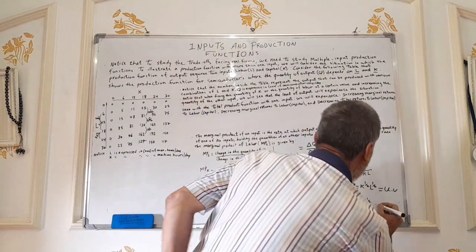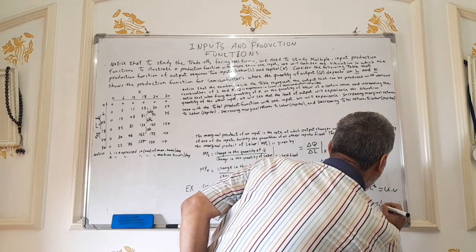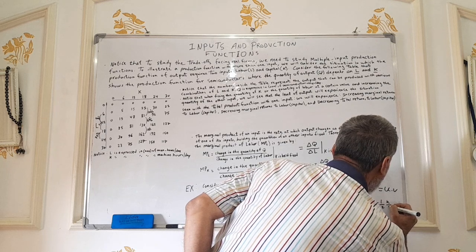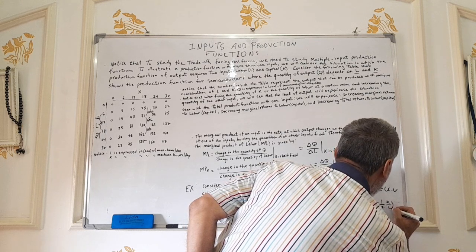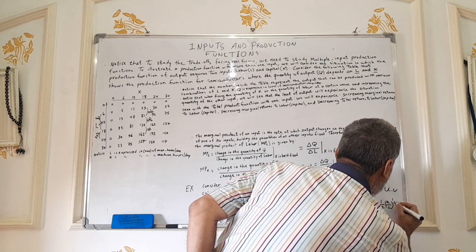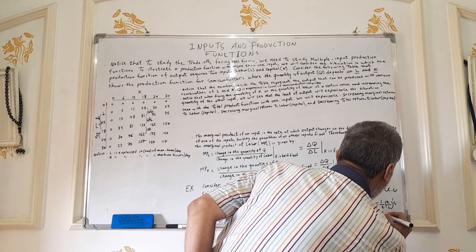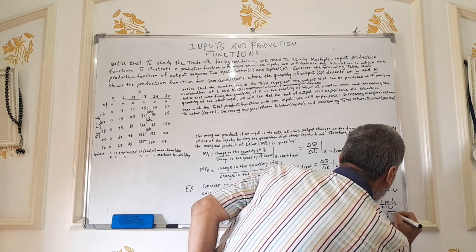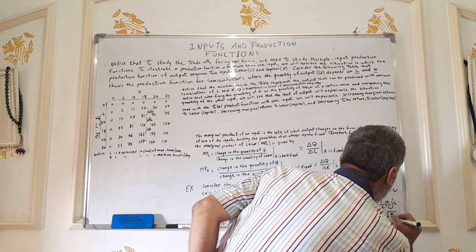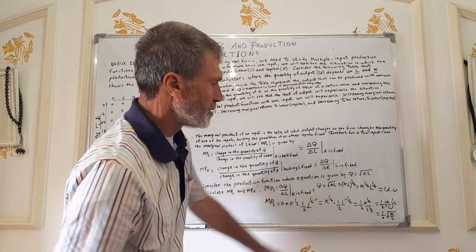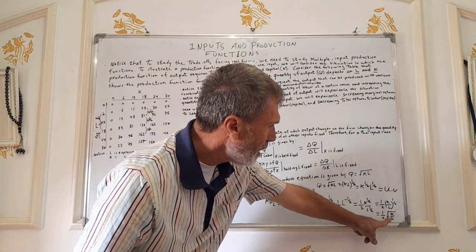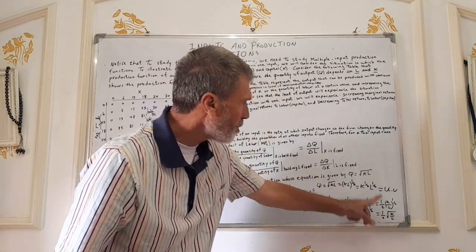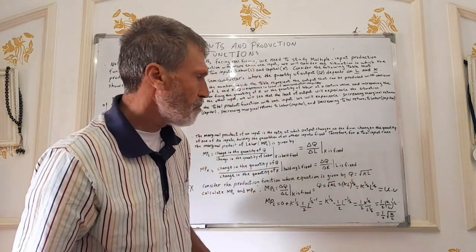That becomes 1/2 times the square root of K over L. We retain the shape of the original function.